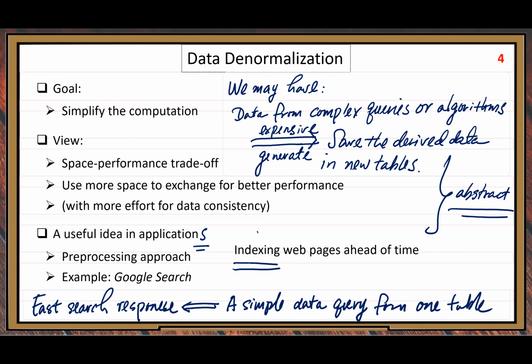For users, before you type the keywords, this indexing work has already been done on all the web pages in the world. That's the pre-processing, indexing. Let me explain the indexing work next.